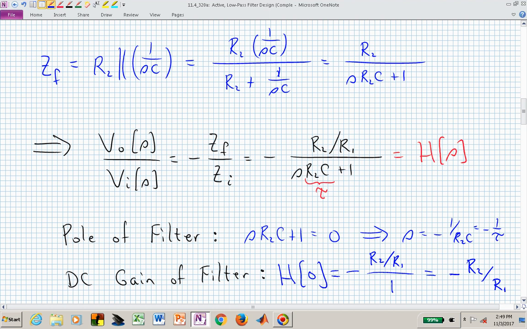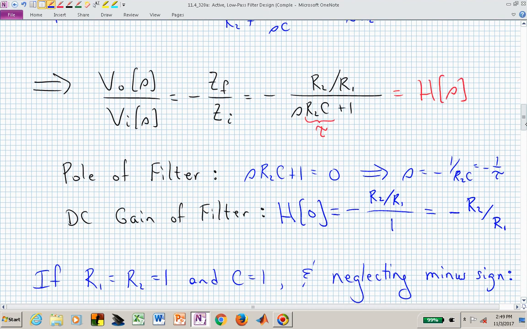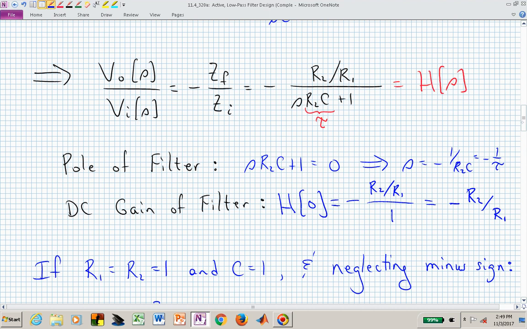But we're typically interested in the magnitude response, and so we need not worry so much about that sign in our transfer function. Let's now try to find a nominal or initial transfer function, and to do that, let's set the R's to 1 and C equal to 1, and again, let's neglect the minus sign.